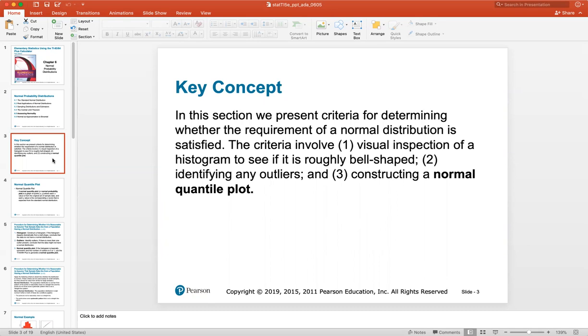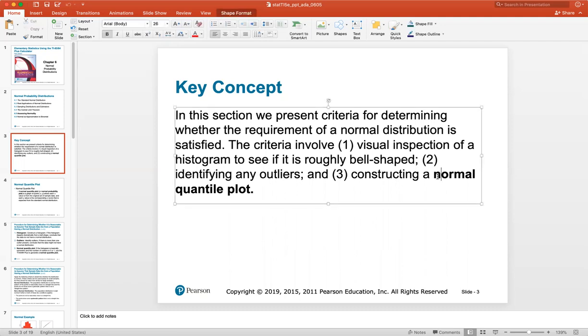There are three ways to figure that out. One is visual inspection of a histogram: we plot the histogram and see whether it is similar to the bell-shaped graph. Another is to identify any outlier. If there is more than one outlier, then it's likely that the sample data is not normal distribution. The third is constructing a normal quantile plot.